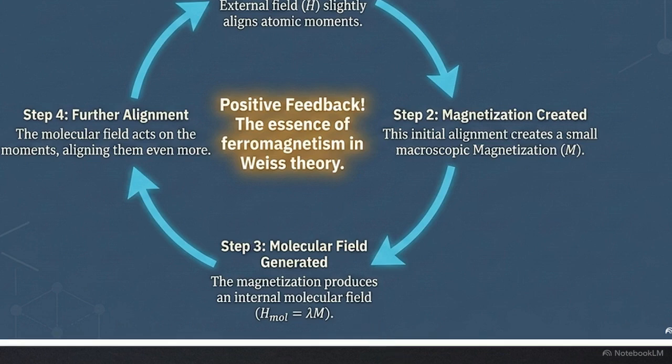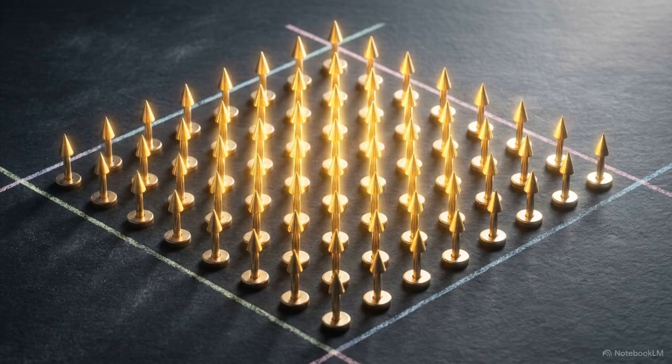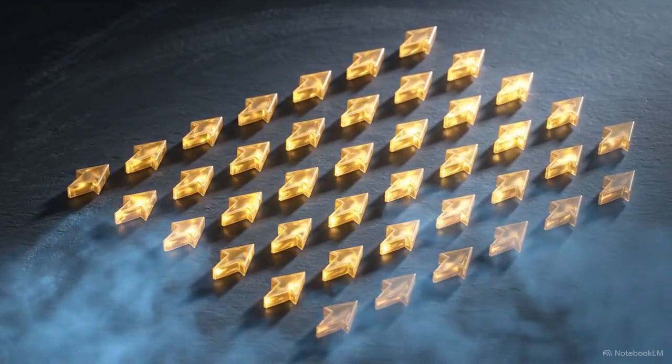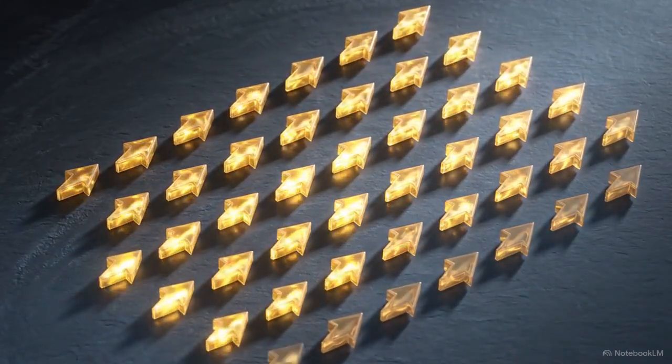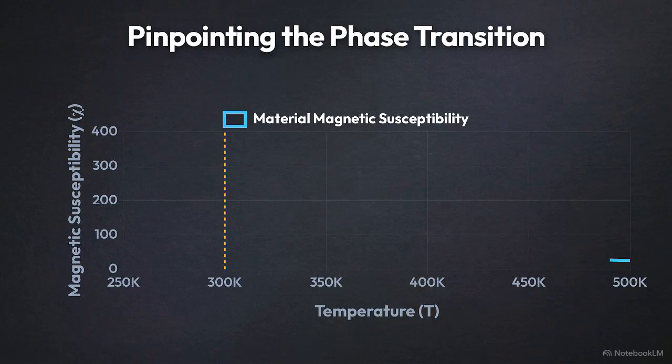This newly generated internal field acts on the remaining unaligned moments, forcing them into stricter alignment. This increases the magnetization, restarting and amplifying the cycle. If lambda is sufficiently large, this feedback loop sustains itself. The material locks into a state of spontaneous ferromagnetism, maintaining its alignment even when the external magnetic field is reduced to zero.